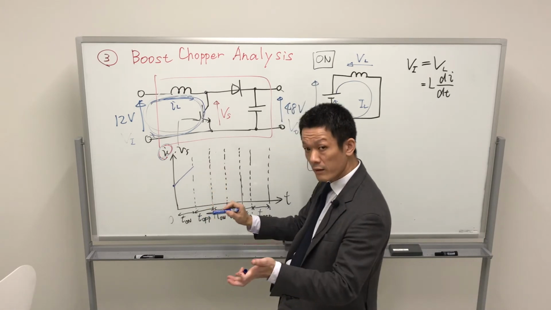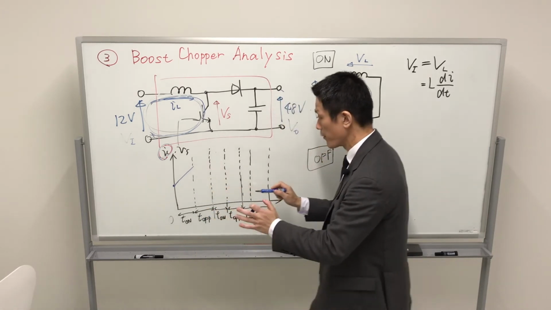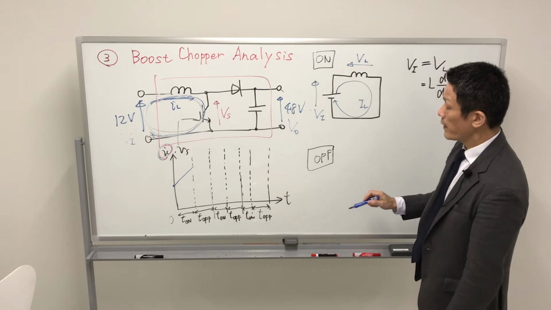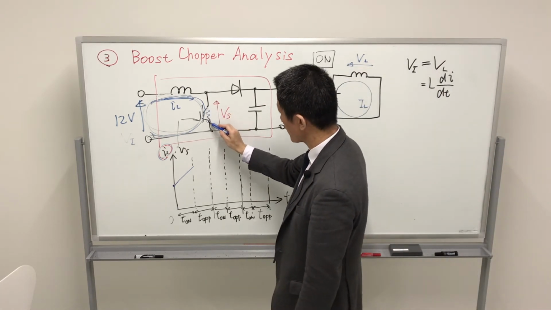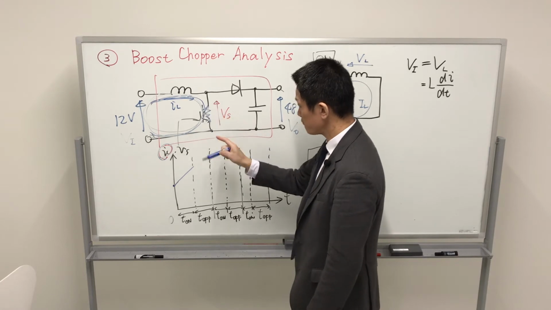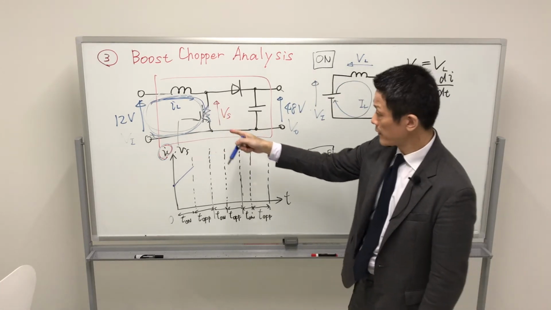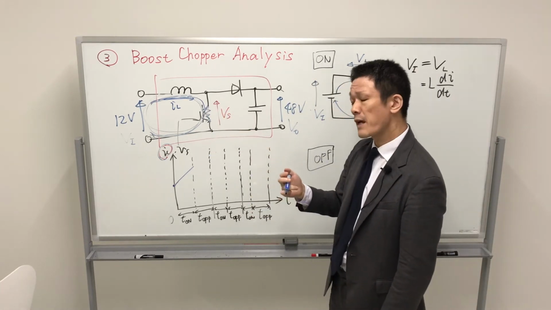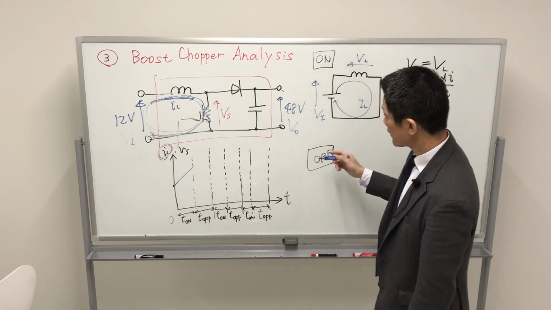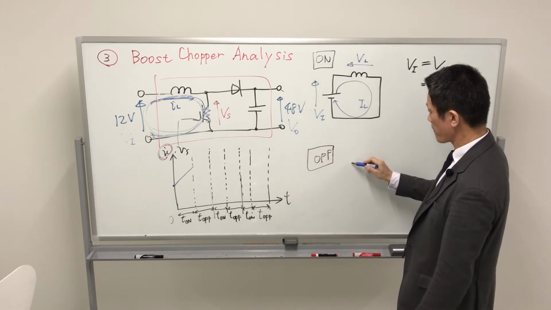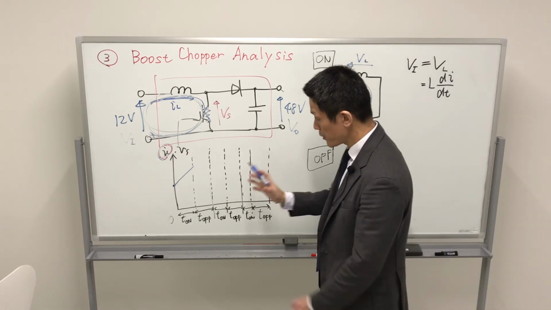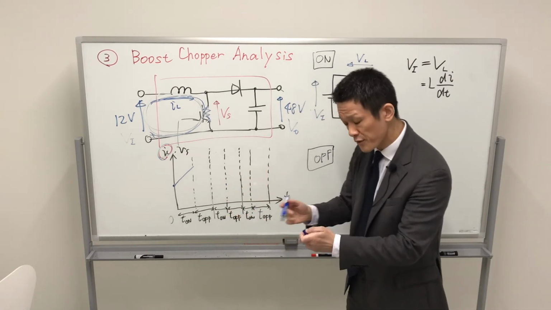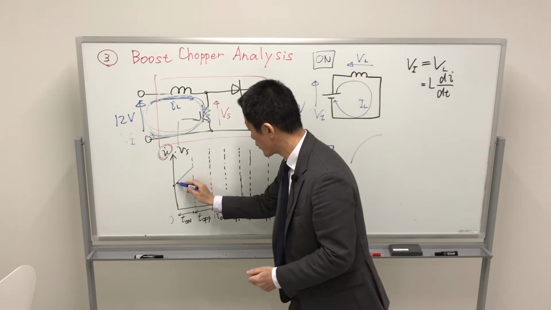In the ideal discussion, these are linear. In the real world, the resistance of each device means this is not linear, bending upward. But this is the ideal discussion, so it increases linearly.